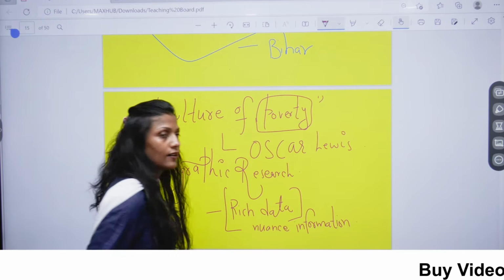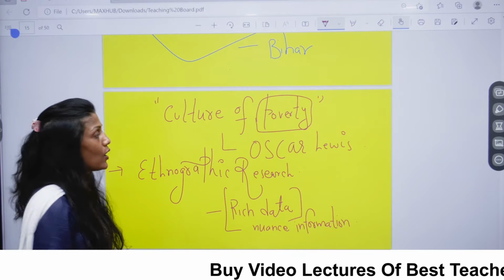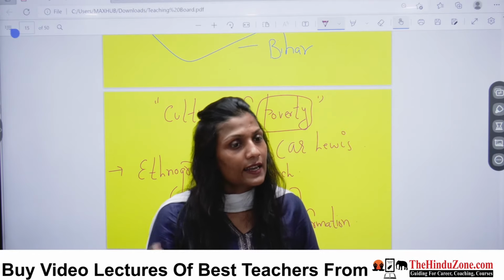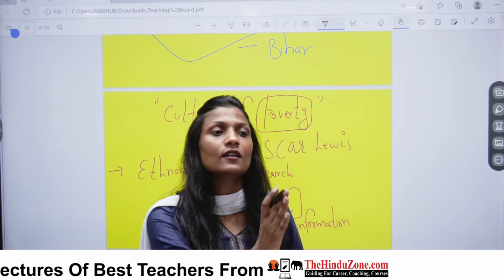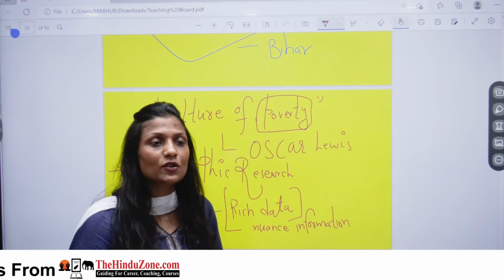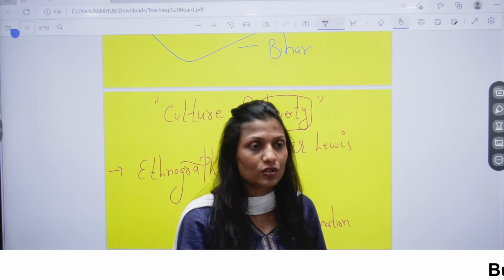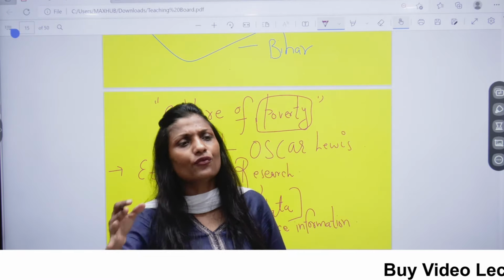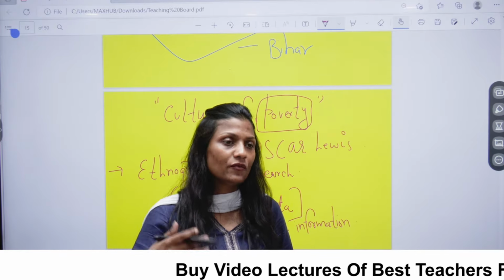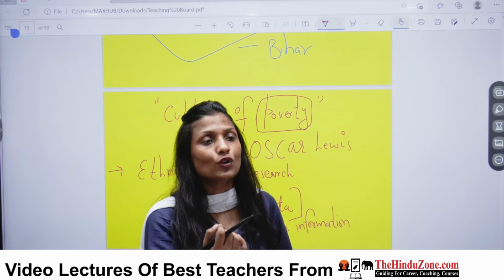All right. So what happens in ethnographic research in the culture of poverty? Oscar Lewis conducted a very beautiful research. He stayed there. He definitely implemented participatory research methods, where he went and lived and became a part of their society for several months, or maybe for a year or two.